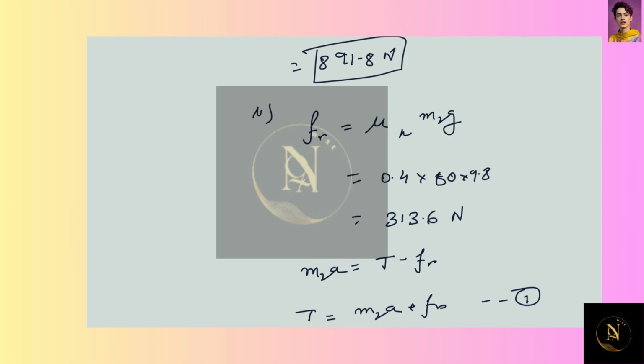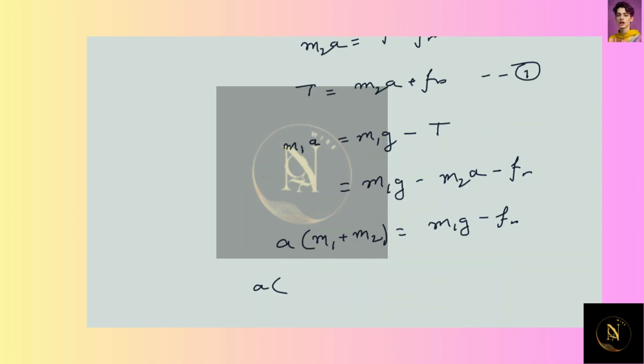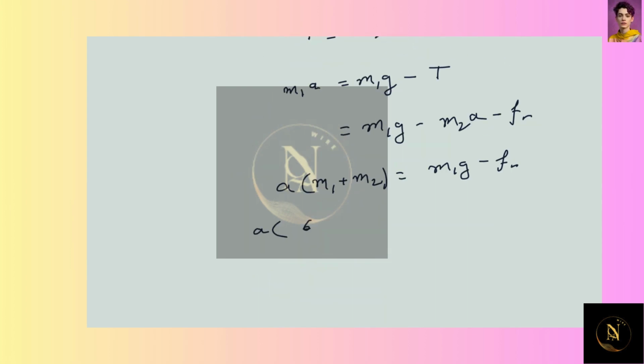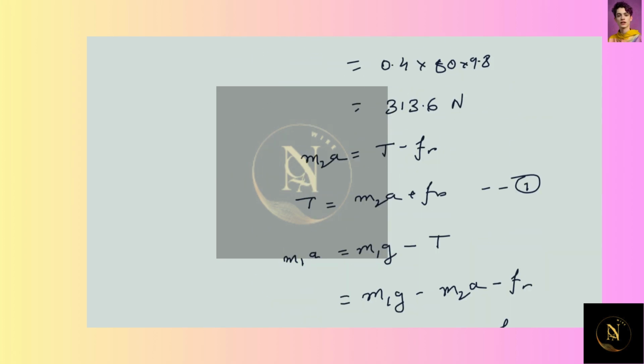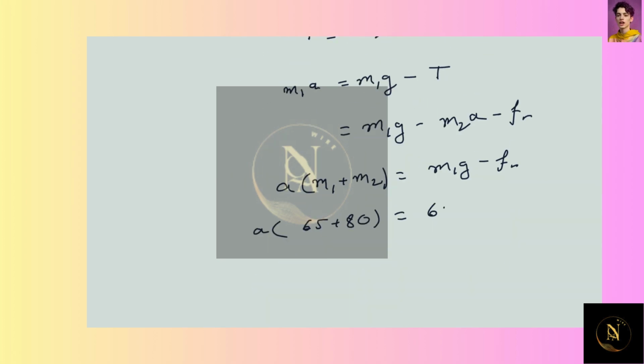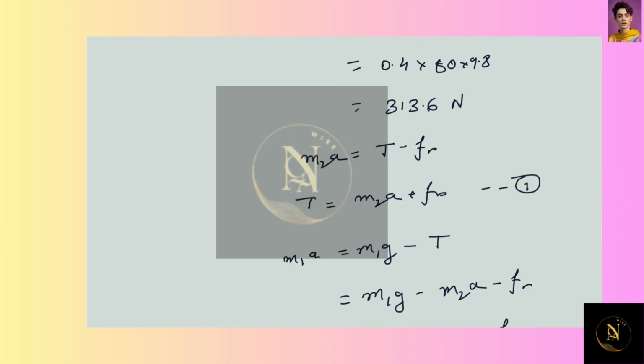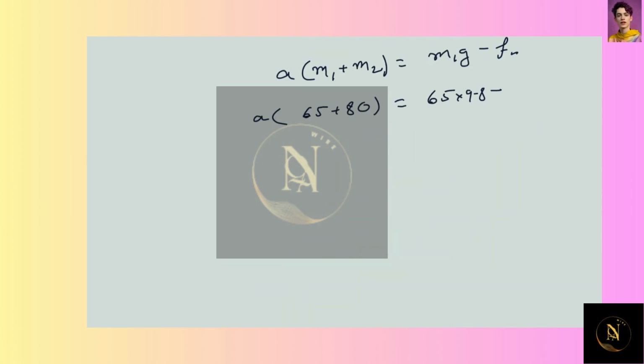A times the sum of the masses, 65 plus 80, is equal to M1, 65, times g, 9.8, minus the frictional force, 313.6. So the acceleration will be equal to 2.23 meters per second square.